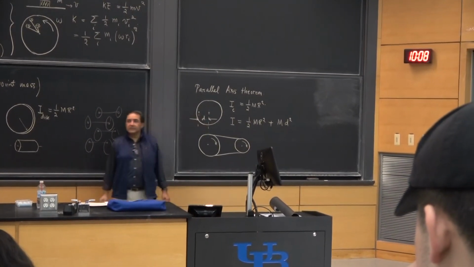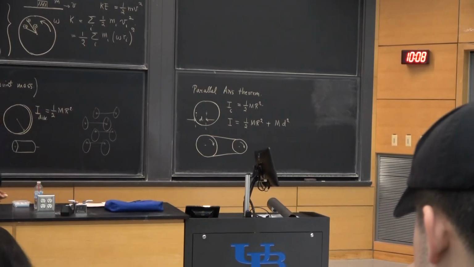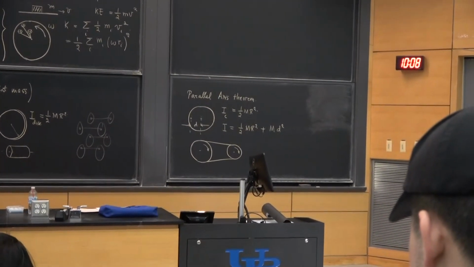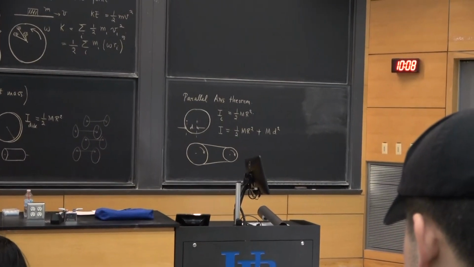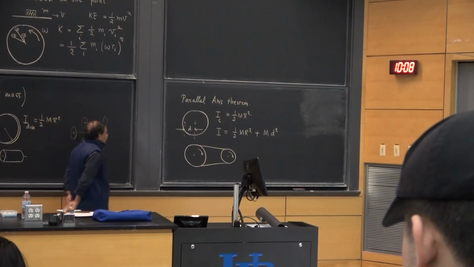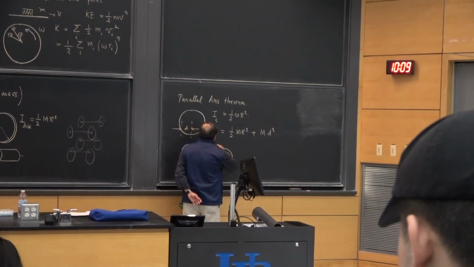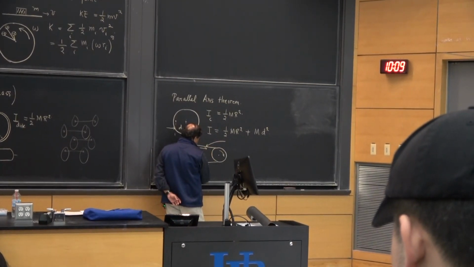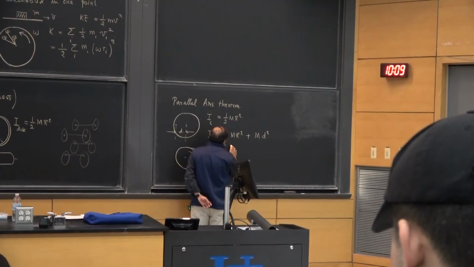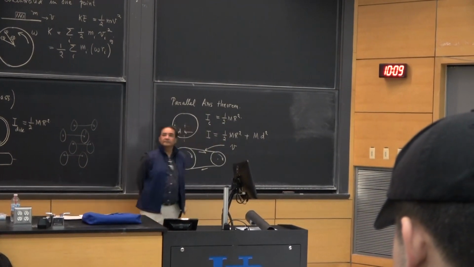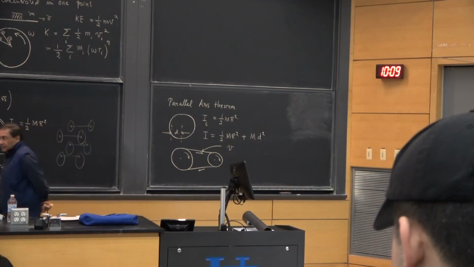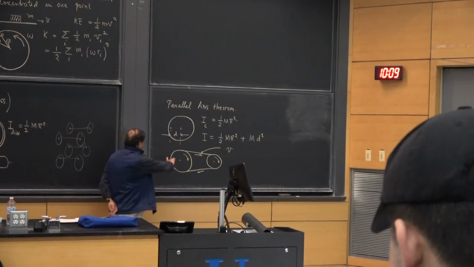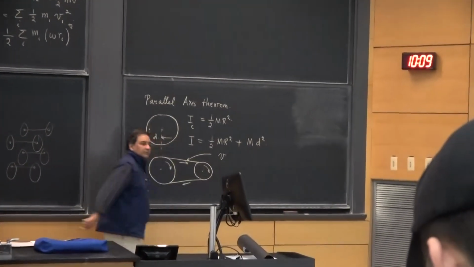These two wheels are obviously connected by some kind of cord or chain or band or whatever. And let me just say that the speed with which this thing is moving as the wheels turn is v. So the question is, what does it tell us about the rotations of this object and that object?